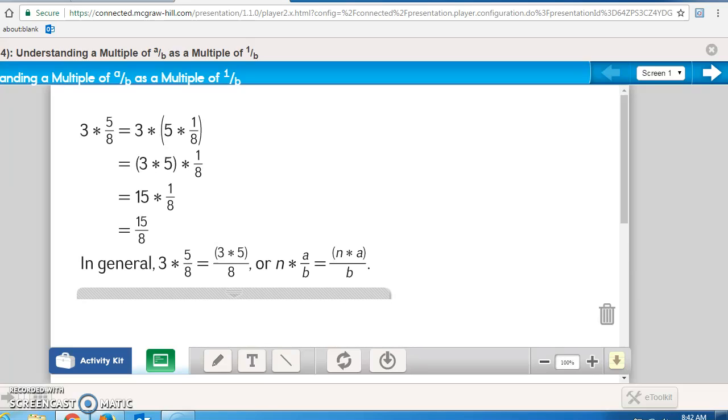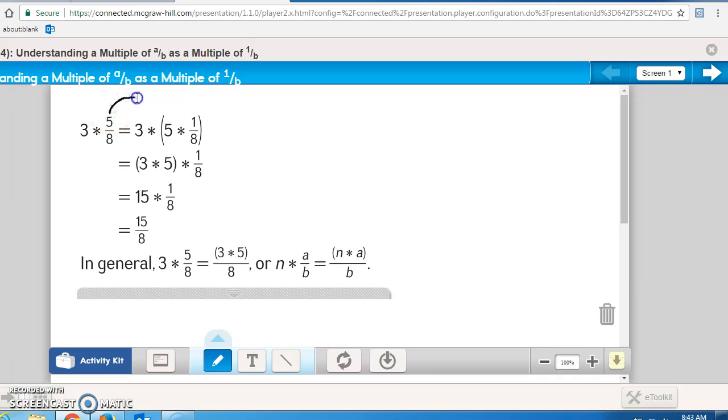This time my problem for you is that 1 lap around the outdoor track at Lucas's school is 5/8 a mile. How far would Lucas walk if he did 3 laps around the outdoor track? Well, again, we could do it a couple ways. We could go 3 times 5/8 equals 3 times 5 times 1/8. How does that work?